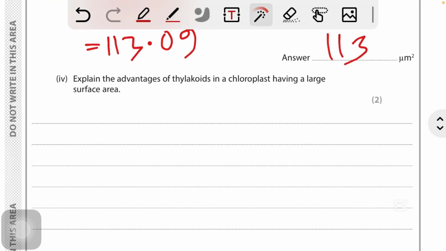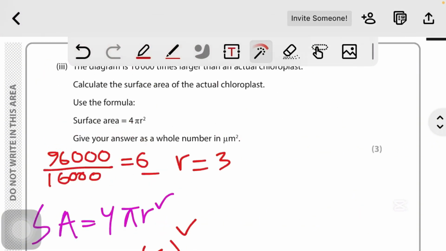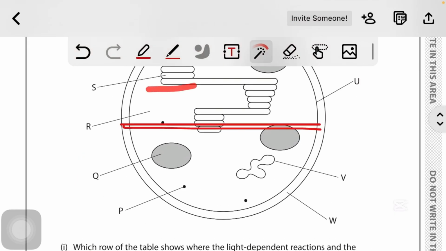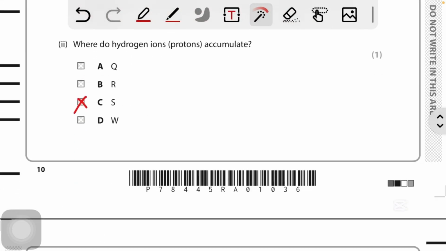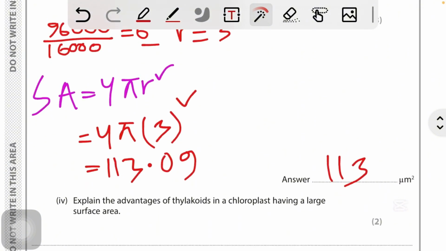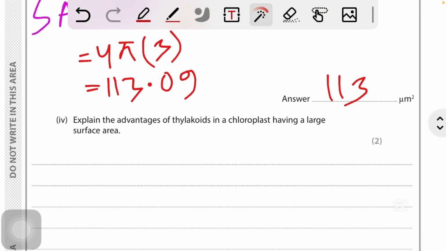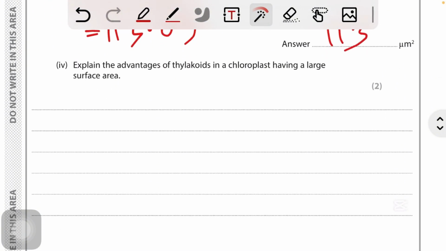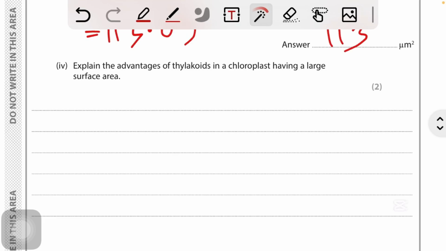Explain the advantages of the thylakoid in a chloroplast having a large surface area. The advantages are that more light can be absorbed by the thylakoid membrane, which generates more ATP, which is used for the production of glucose.